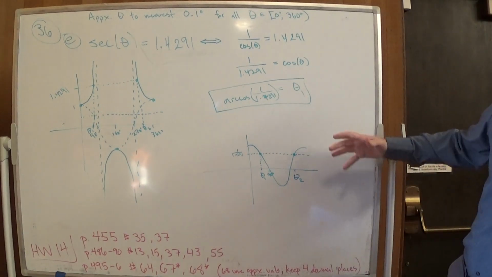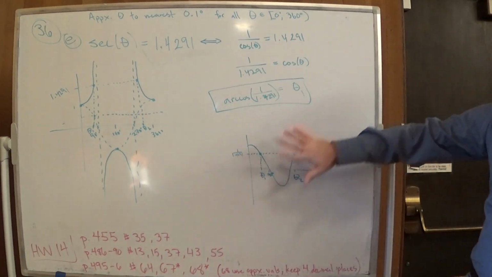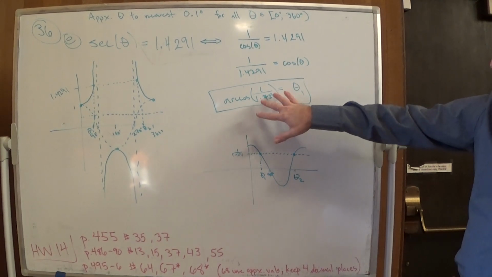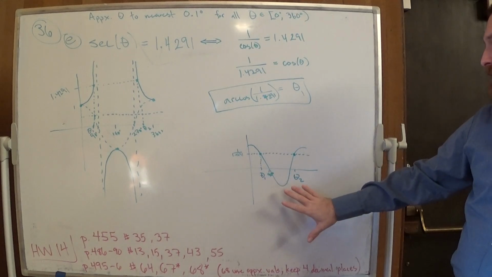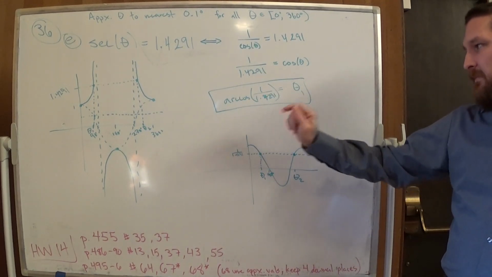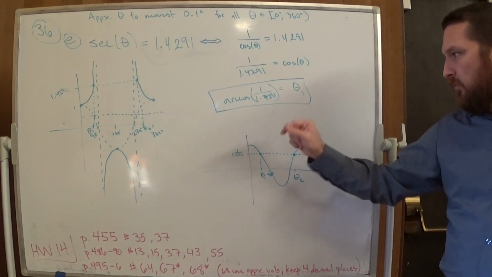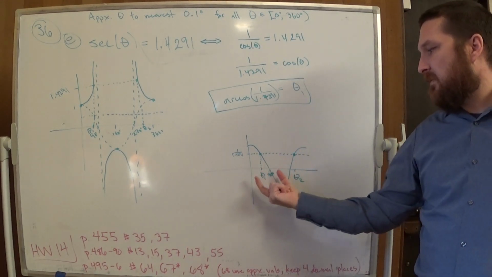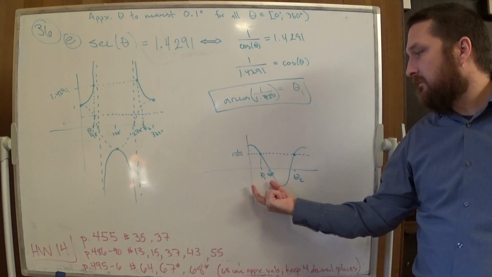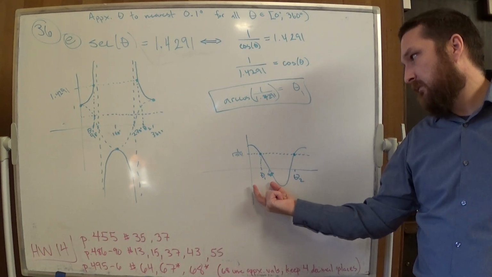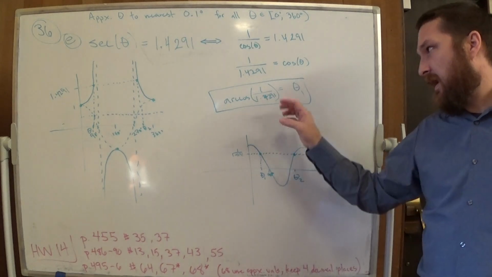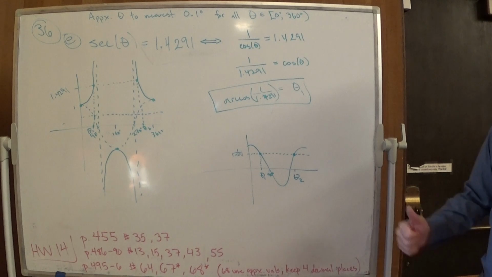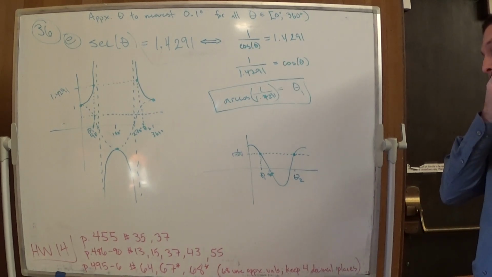When you plug that into your calculator, after having reasoned this out, you should anticipate beforehand what that is. When I type inverse cosine of 1 divided by 1.4291 into parentheses, before I hit enter, I'm looking for some number between 0 and 90, okay? And when it pops out a number between 0 and 90, you can feel confident that you did the right thing, okay?